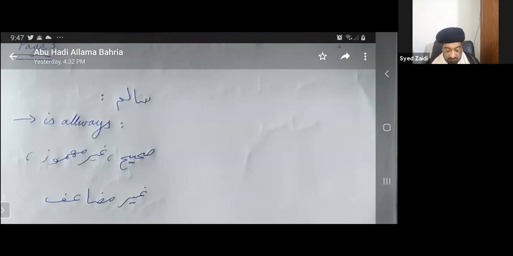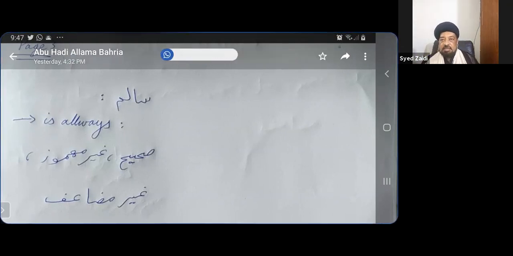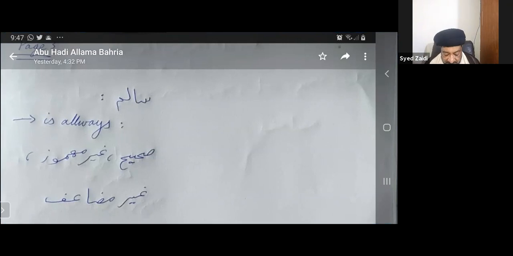That is Salim, right? Earlier we had learned, what is sahih? Sahih is the word that does not consist of huruf illa. If the word is not mu'attal, mu'attal means the word that consists of alif, waw, and ya. So if that does not exist in a word, then it is sahih, right?